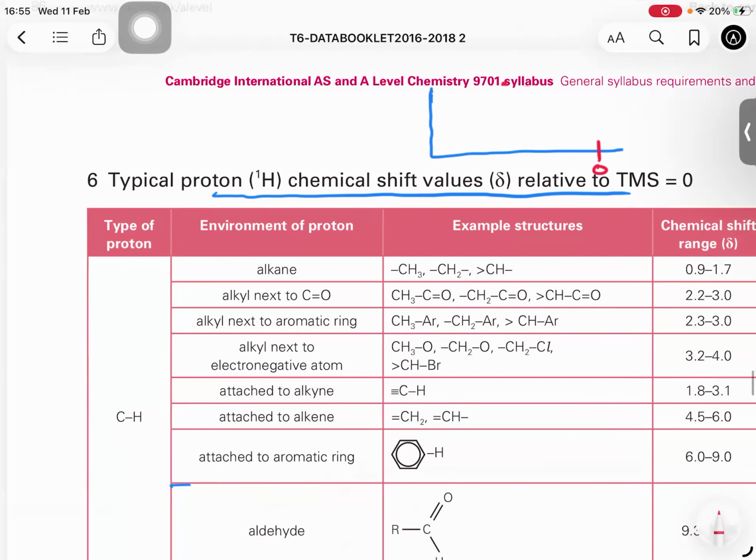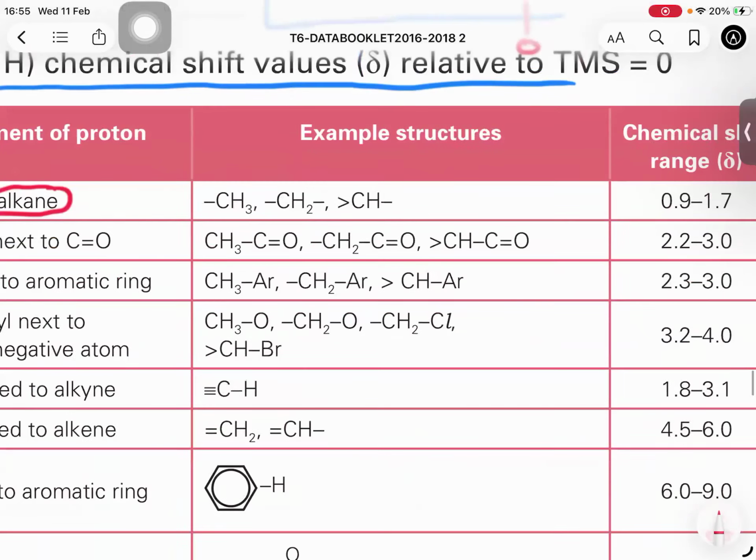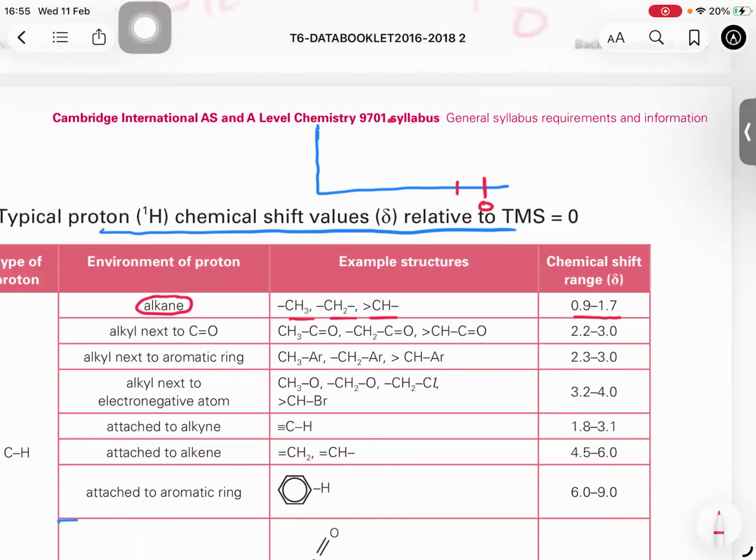Look at this. It says if you have an alkane in the form of CH3, CH2 or CH, then the value will be 0.9 to 1.7. So this is 1, this is 2, so somewhere here. Got it?